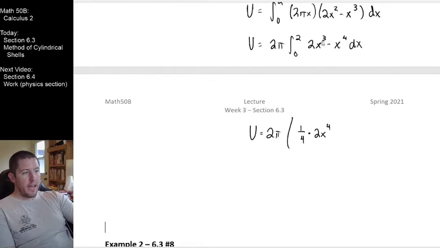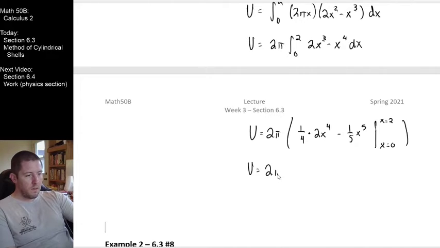All right, so integrating x cubed introduces the 1/4, since we add 1 to the power, which pops down to 1/4, minus 1/5 x to the 5th, all evaluated from x equals 0 to x equals 2. Love seeing bounds of 0 when we're integrating polynomials because all that stuff just goes to 0.